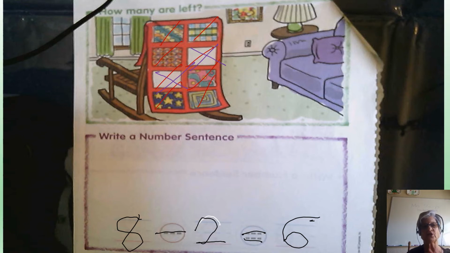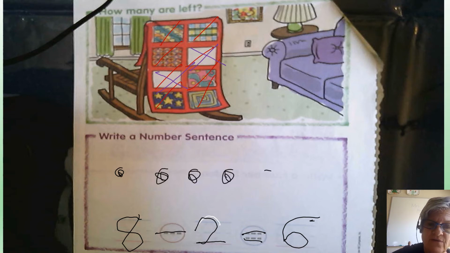Now, our problem starts with 8, so we're going to make a story using circles, but using the same number sentence. So we'll pick a crayon, and you're going to draw 8 circles using that crayon. 1, 2, 3, 4, 5, 6, 7, and 8.